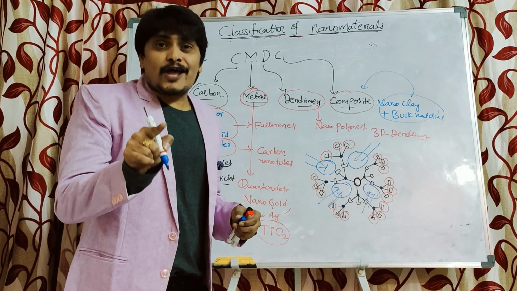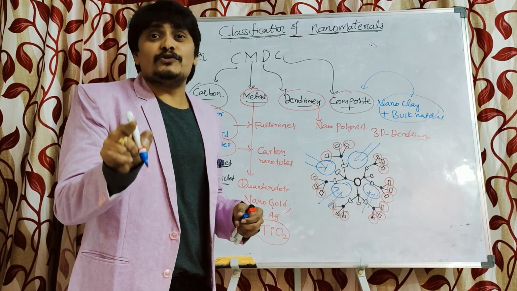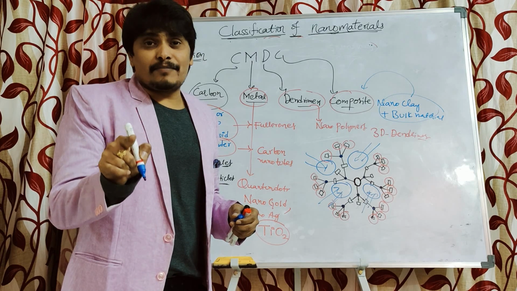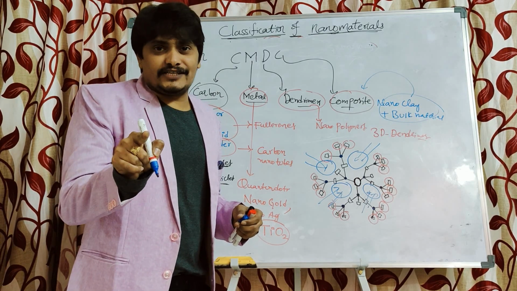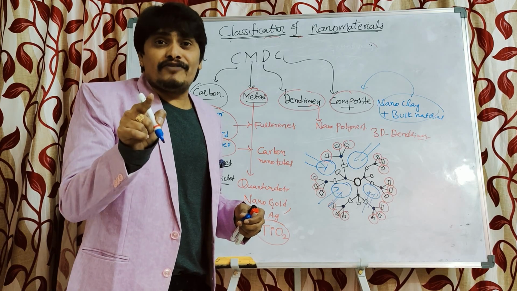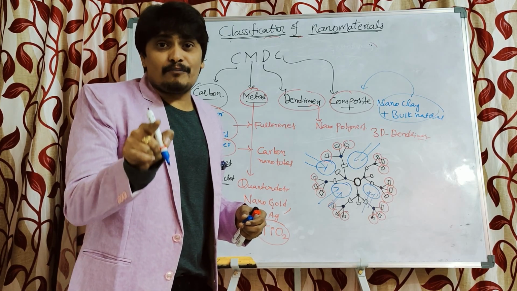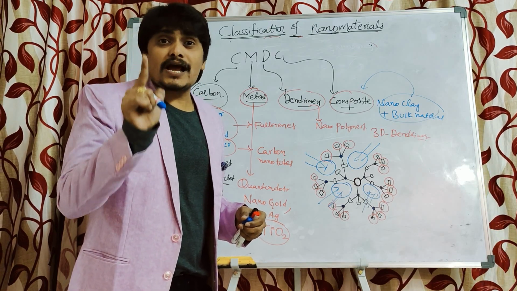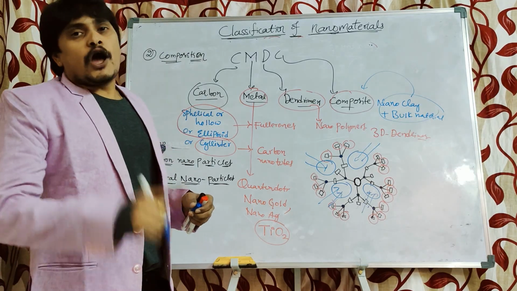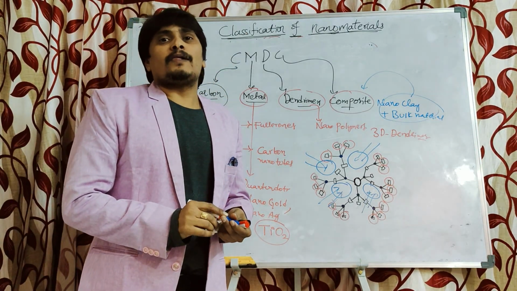Whatever material is obtained is nothing but a composite nanomaterial. And this composite nanomaterial will have good physical, chemical, and mechanical properties when compared to the actual bulk material. I hope you understood this classification of the nanomaterials, students, right?